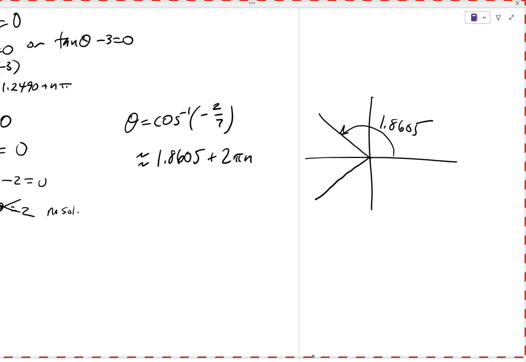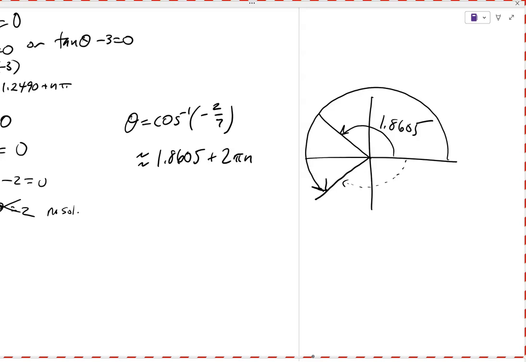How would I figure out this angle? Or you could also go this way. If I took this angle and added pi, I would end up over here. So that would be on that straight line that goes that way.